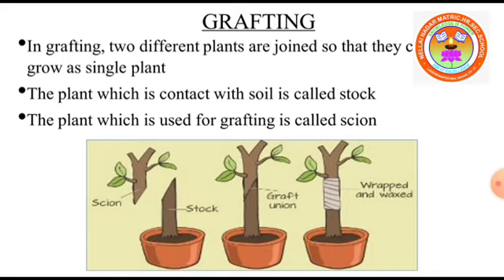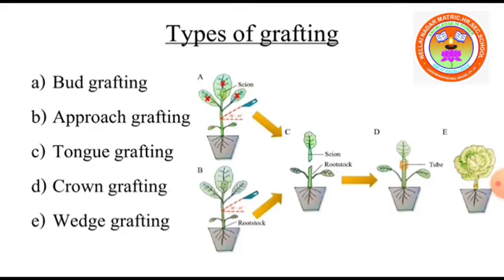Many plants are raised by grafting, for example citrus plants, mango and apple. Different types of grafting are in use, based on the method of uniting the stock and scion. What are the types of grafting?